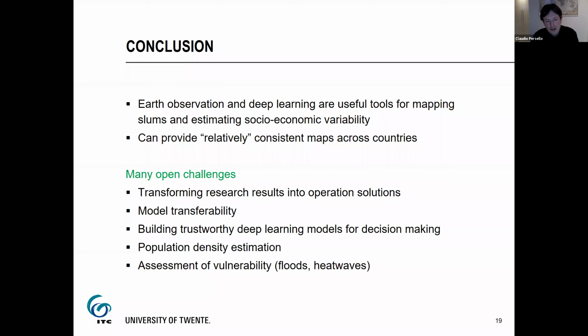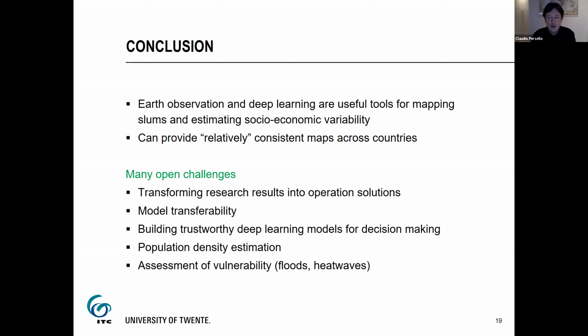One, of course, is related to producing maps which are consistent across different cities or countries. This refers to the problem of transferability of deep learning models. Another very relevant problem is to make deep learning models trustworthy, to make people rely on the results of deep learning models so that they can use this information for decision making.